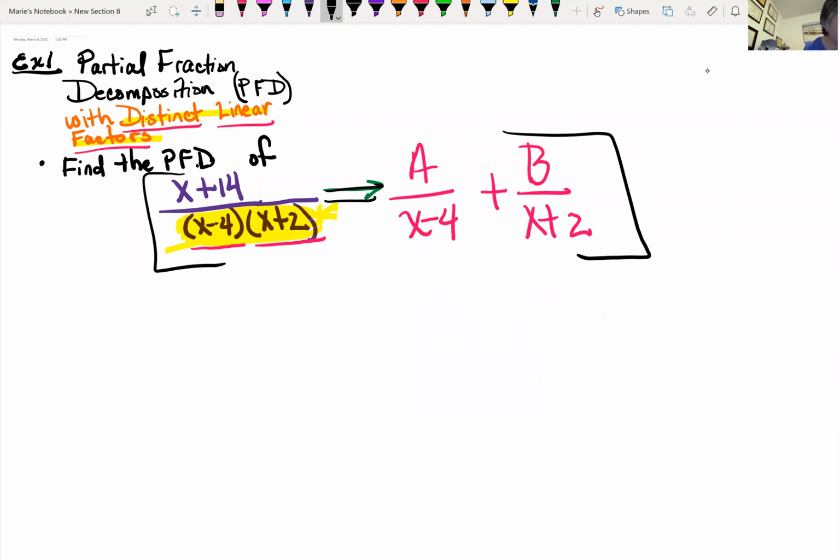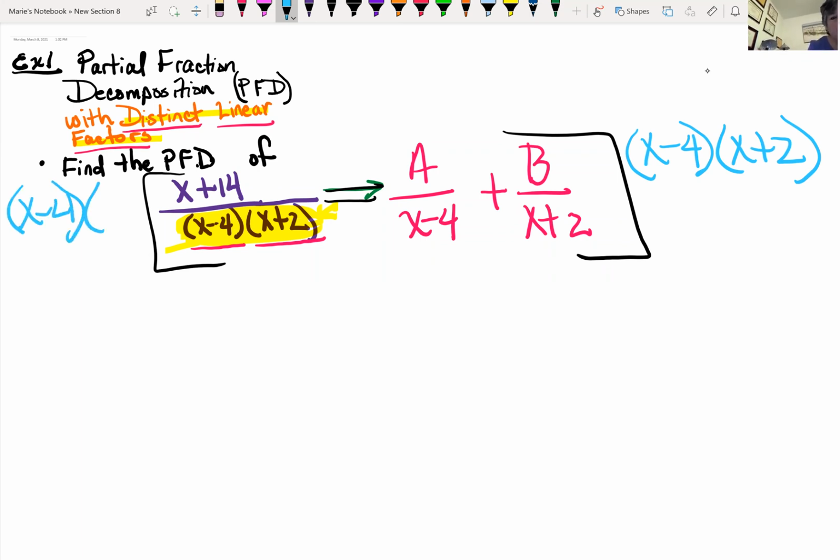So if I'm solving in this case, the first thing I'm going to do, since my denominator is x minus 4 and x plus 2, I'm going to literally multiply on both sides by x minus 4 times x plus 2, and do not skip steps because you will see why I say that. Notice that I'm multiplying by that same value on either side.